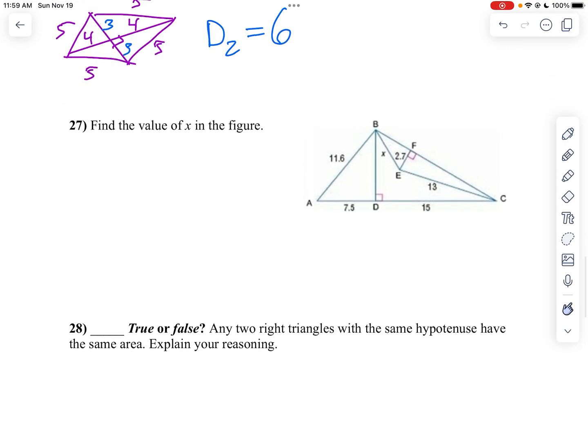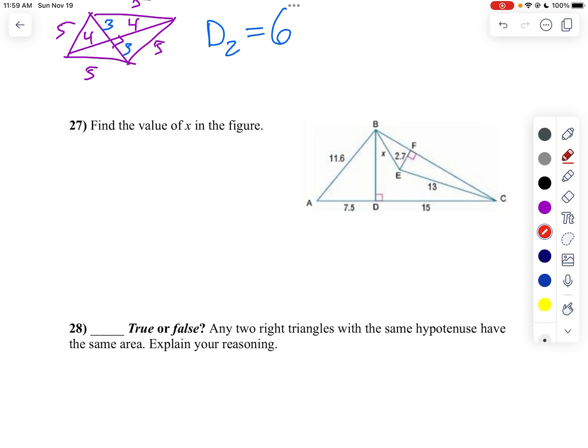Okay, in 27, I want to find the value of x, which means I got to find F to B, which it doesn't look like I know F to B, do I? So let's back up, and we're going to have to do the Pythagorean theorem a couple times.